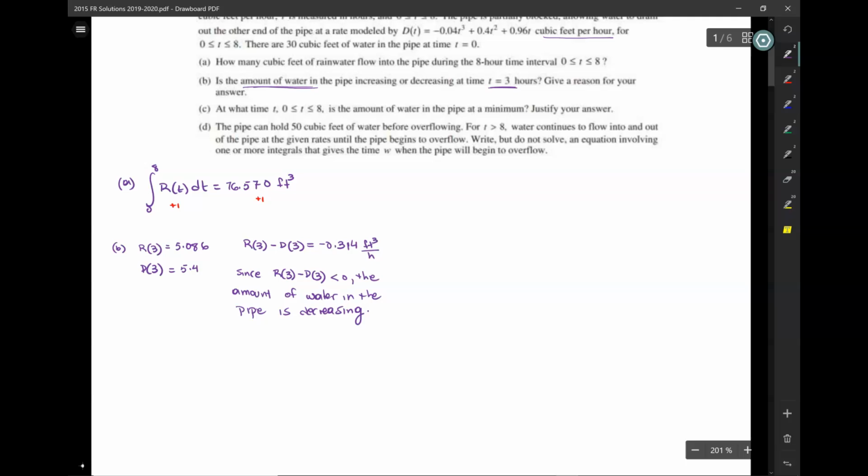Now we want to know at what time from 0 to 8 the amount of water in the pipe is at a minimum. First of all, lots of things here. Amount of water, that's R of t minus D of t.